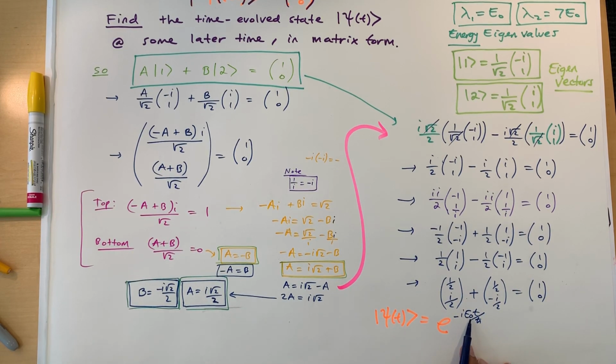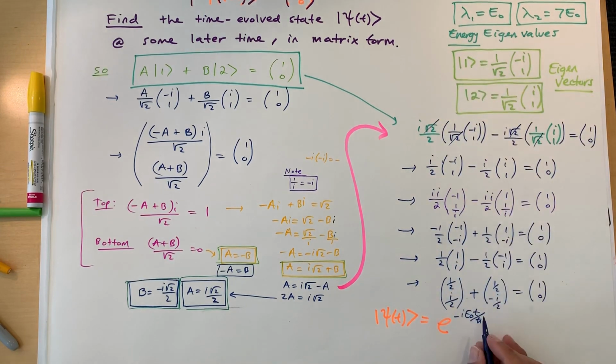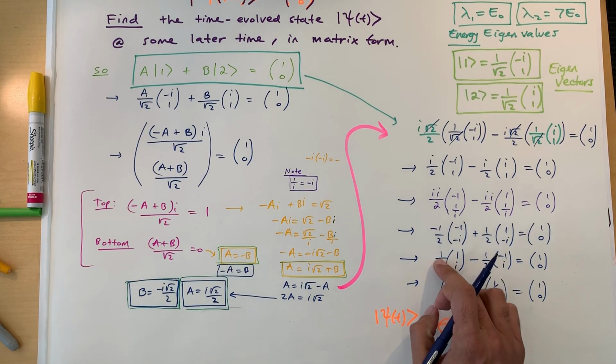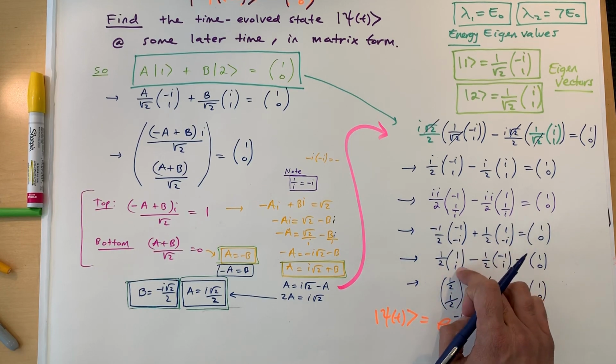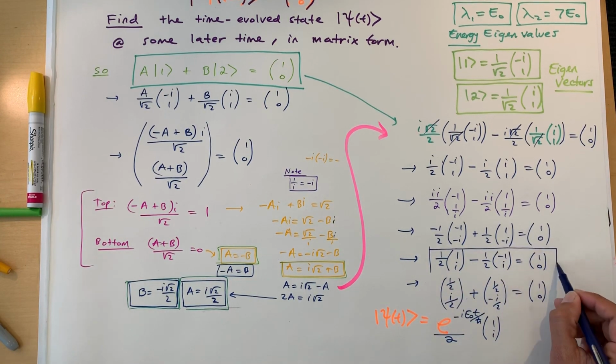E naught because that is the first eigenvalue that we got, okay? And this has a constant in front of it. The constant's going to be exactly what we found, so 1/2, and then we have 1 i. So we have this over 2, and then the state vector is going to be this, okay, exactly what we had here.